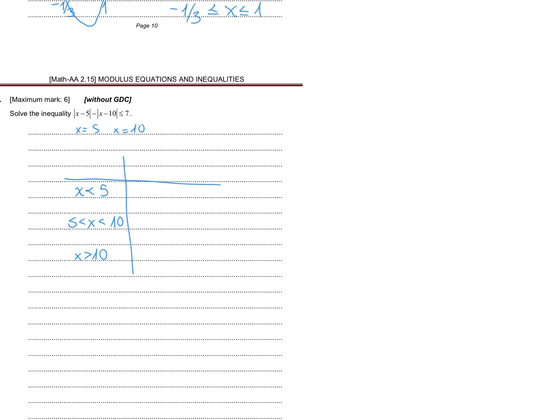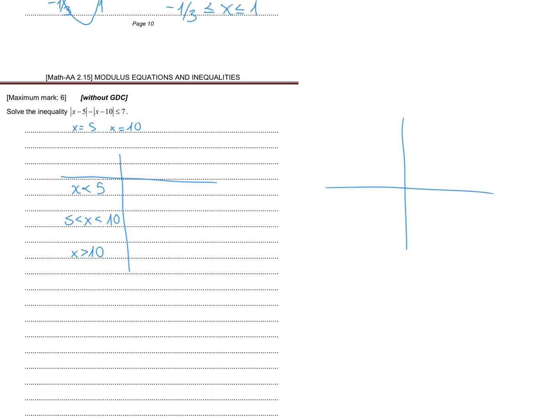So if we do a sketch of this, we've got negative (x minus 5) and then positive (x minus 5). Okay, so yeah, this is negative 5 and this is 5.